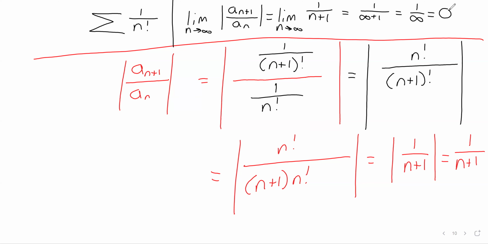And again, very loose notation there, but 1 over infinity is 0. And 0 is less than 1. So the ratio test tells us that we have convergence.